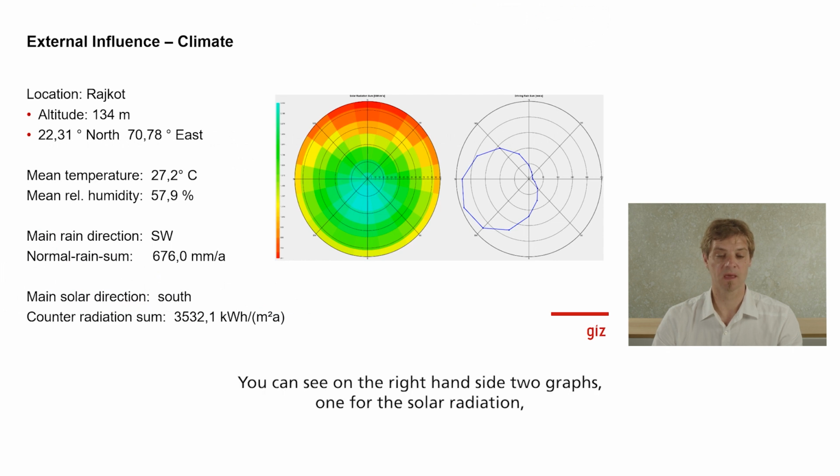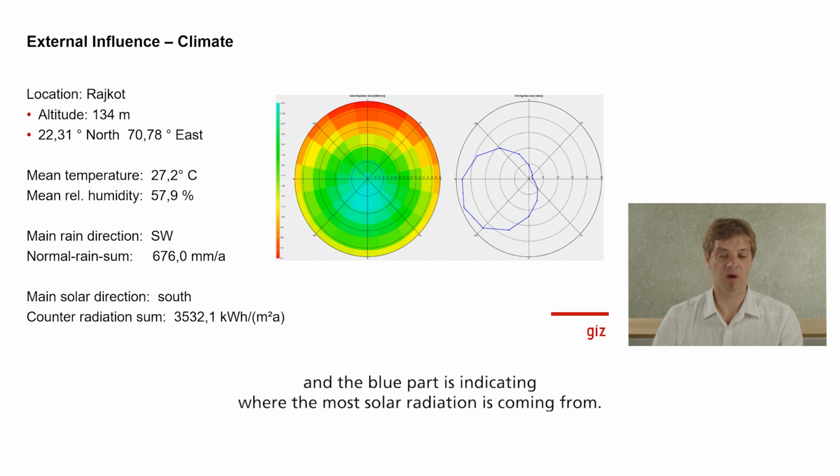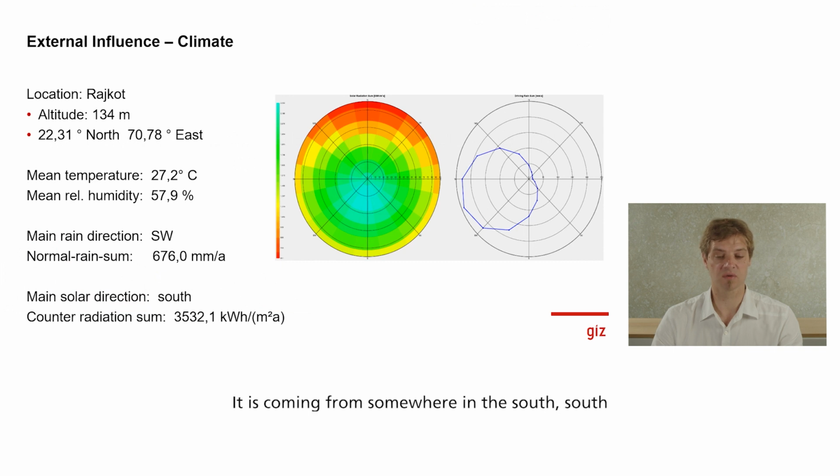What you can see on the right hand side are two graphs, one for the solar radiation, and the blue part is indicating where the most solar radiation is coming from, and this is coming from somewhere in the south, over the central, with 3,532 kilowatt hours per square meter and year, quite high. On the second graph you can see where the rain is coming from.